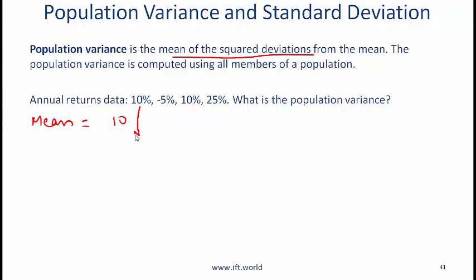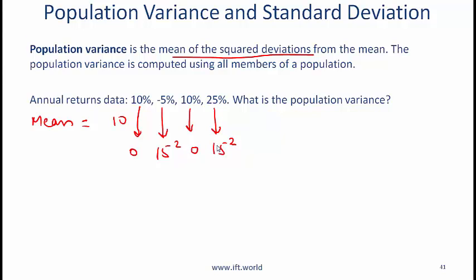For the first data point, the squared deviation from the mean is 0. For the second data point, the squared deviation from the mean is 15 squared, because the deviation of -5 from 10 is 15, and we square that gives us 15 squared. Then the deviation here again is 0, and with 25 we have 15 squared.